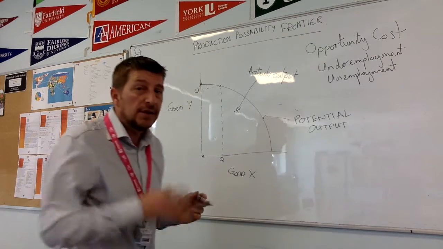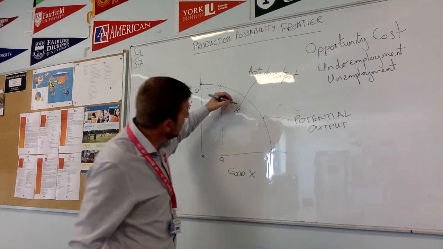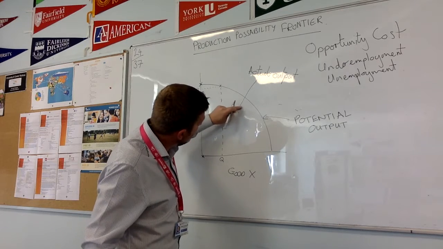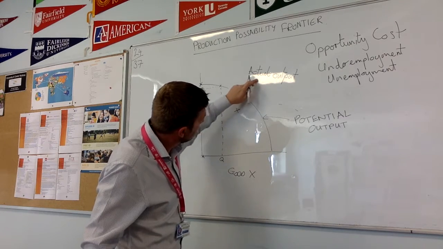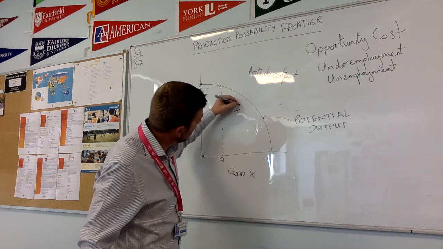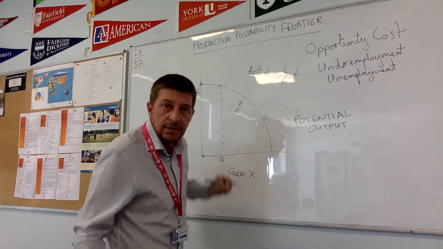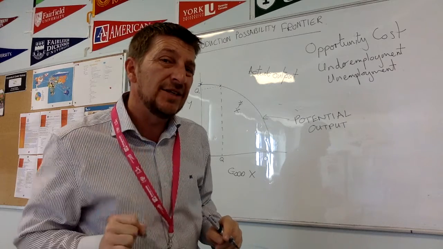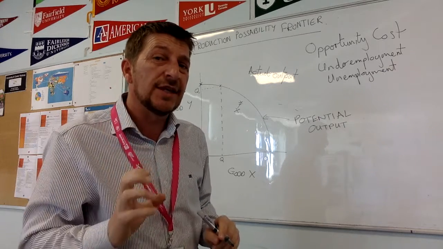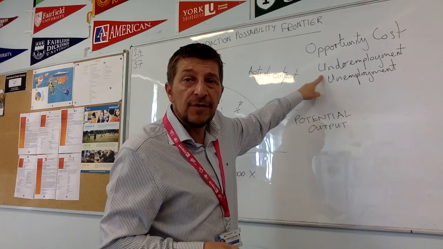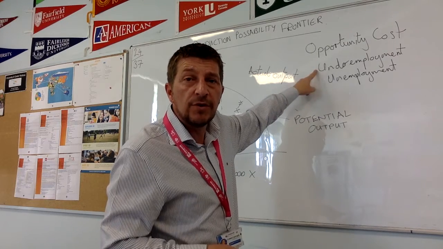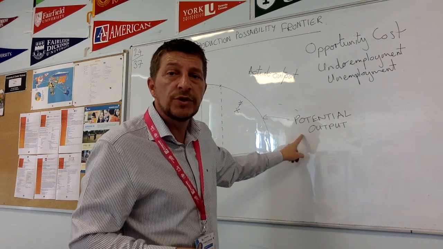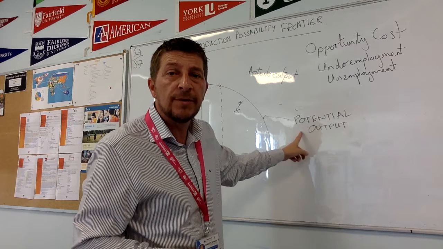Okay, now let's have a think about this. If we see this X moving closer to our line, what are we actually suggesting? Well, we're now suggesting there is a lower level of unemployment. We are using more of our resources. We are closer to our potential output.